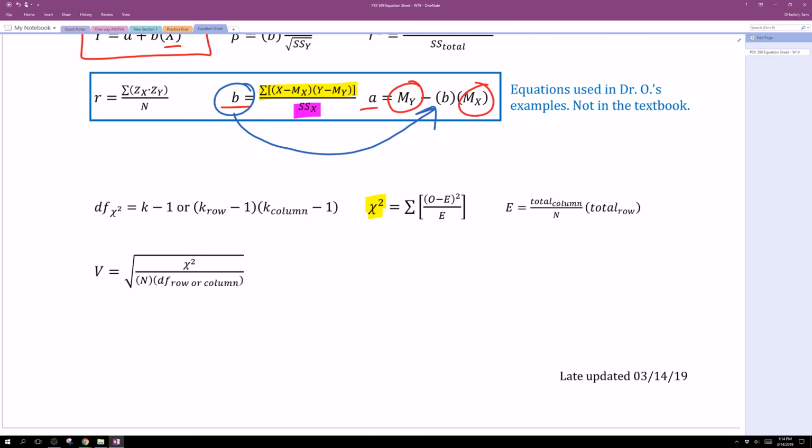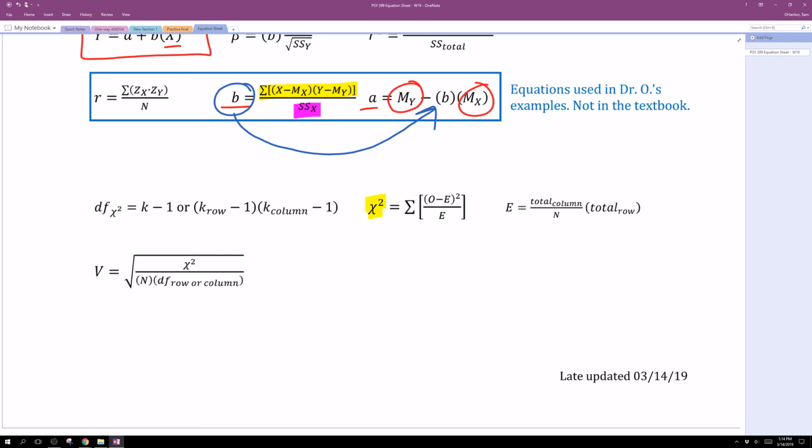That means that you aren't working with ratio or interval scale variables. This works with categorical variables. So if your independent variable is categorical and your dependent variable is categorical, you're going to do a chi-squared. Okay?